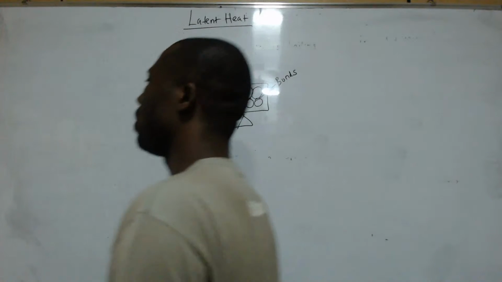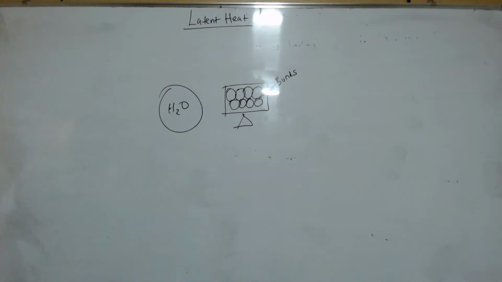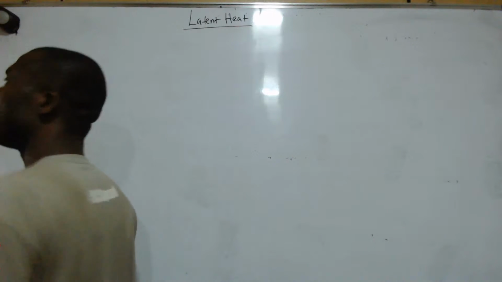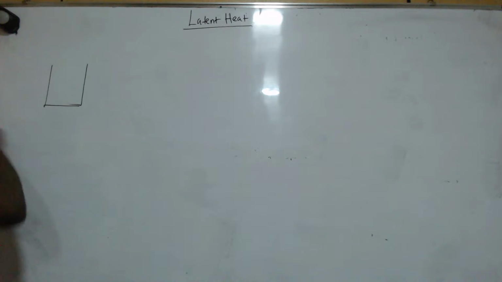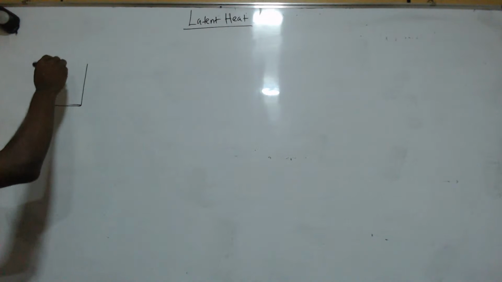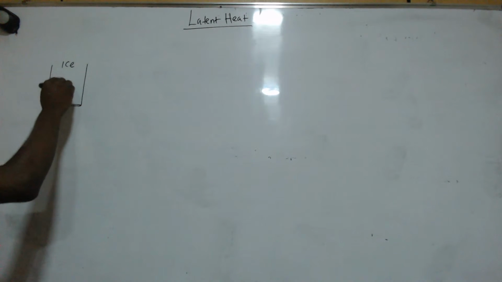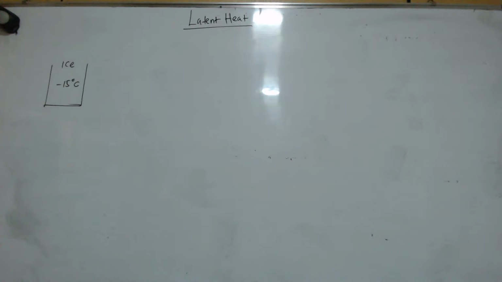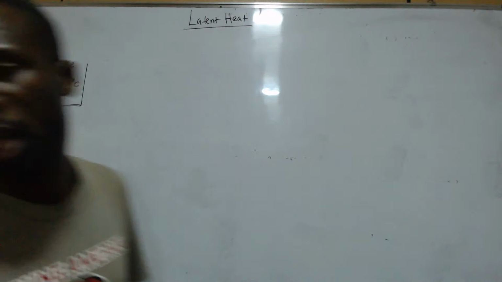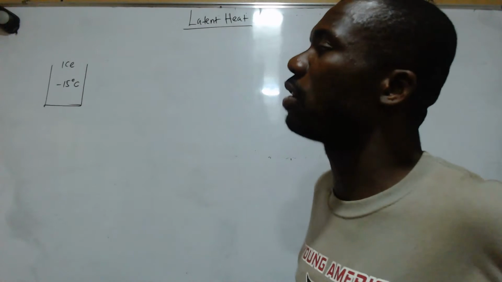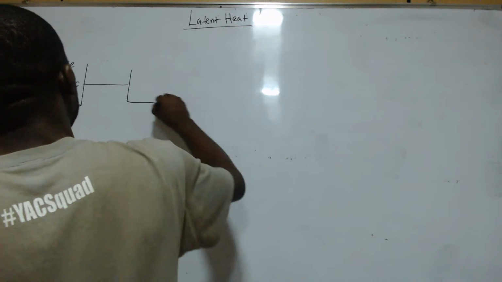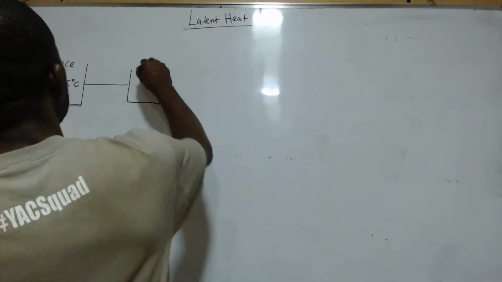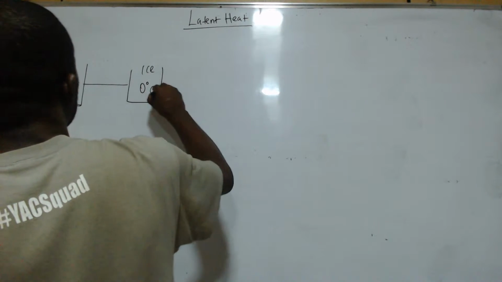Now, let's say a graphical situation is this: we have ice inside a calorimeter at minus 15 degrees centigrade. We need to heat this ice so that it will change from one state to another. First, the ice will change to ice at 0 degrees centigrade.